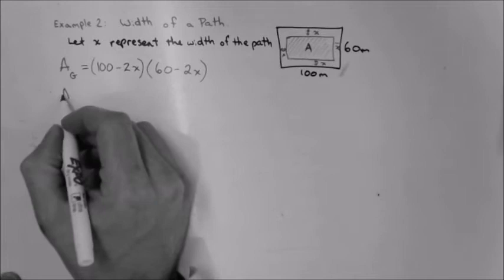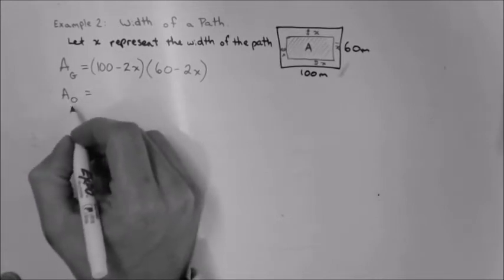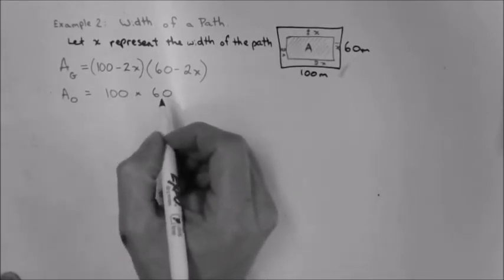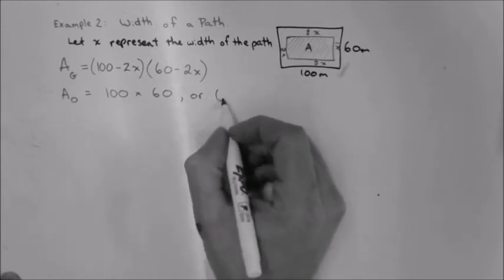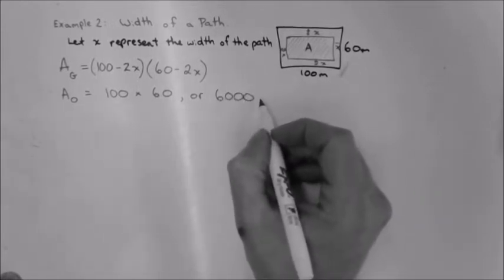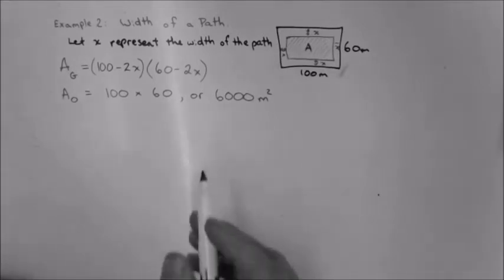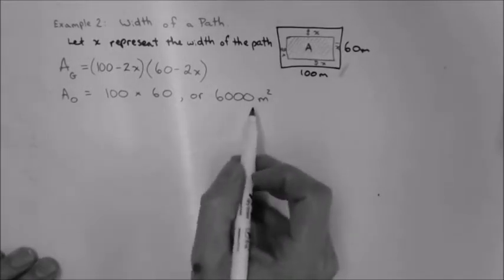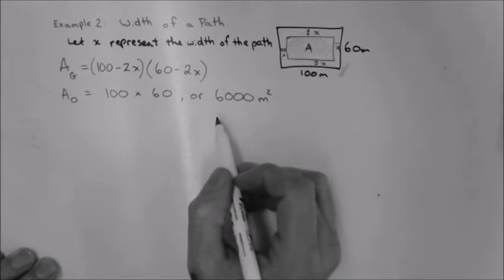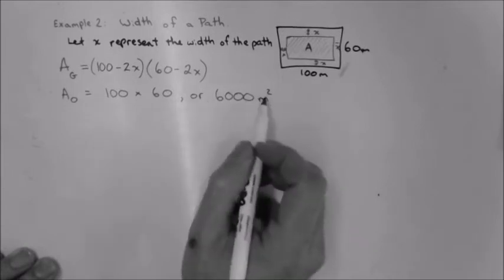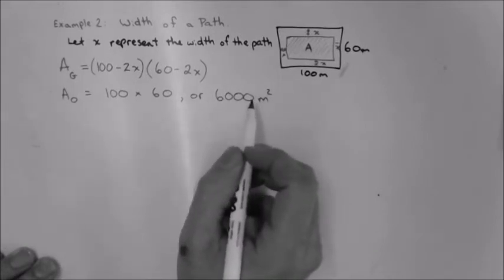Now we have the original area. I'm going to go with A sub O for original area, and that's just 100 times 60, or 6,000 meters squared. Well, what is the mayor's concern? The minimum that we're allowed to go would be reducing it by 10%. So we want to find 90% of the original area, because that's what the minimum new area can be.